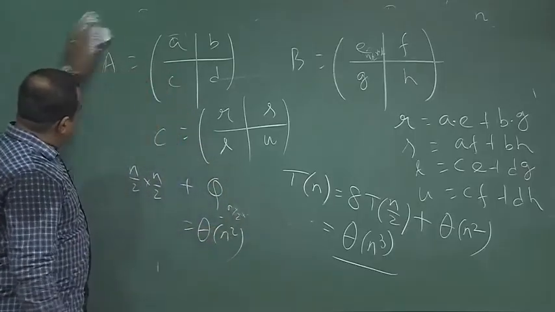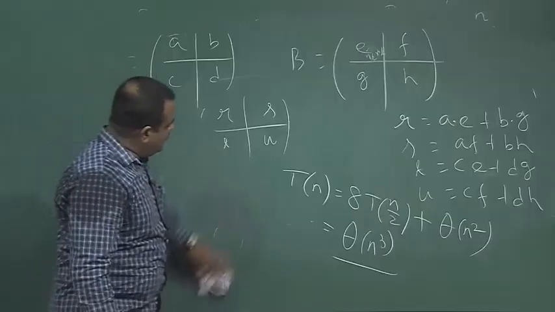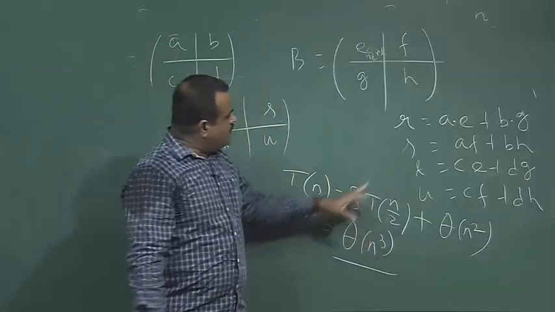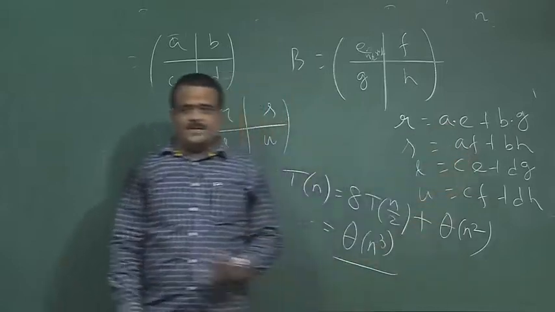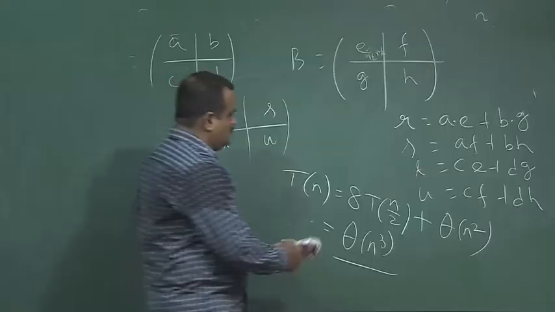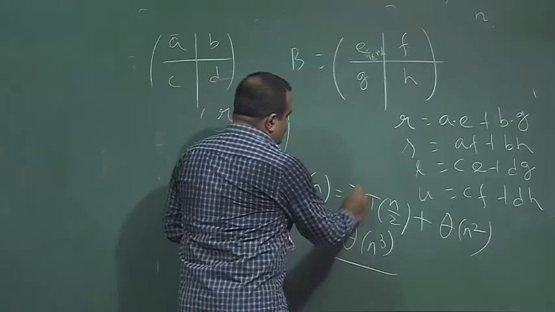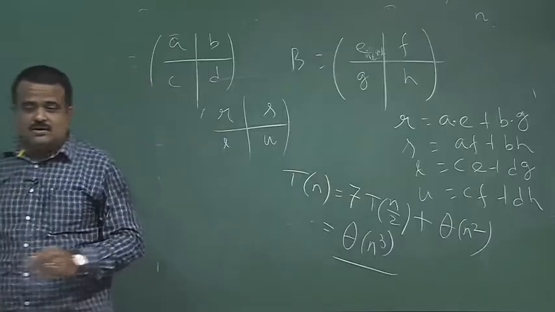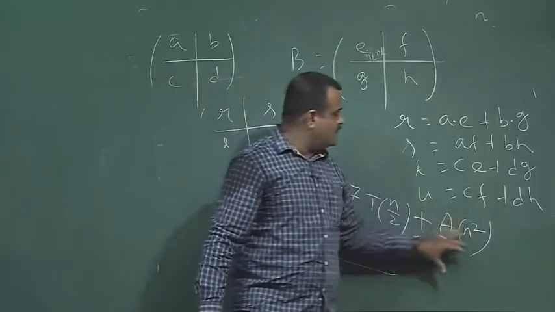So, the question is how we can improve this. The idea is from Strassen. Here we are doing 8 multiplications; instead of 8 multiplications, if we can reduce it to just 7 with more additions, the addition cost will be taken care of by theta of n square.